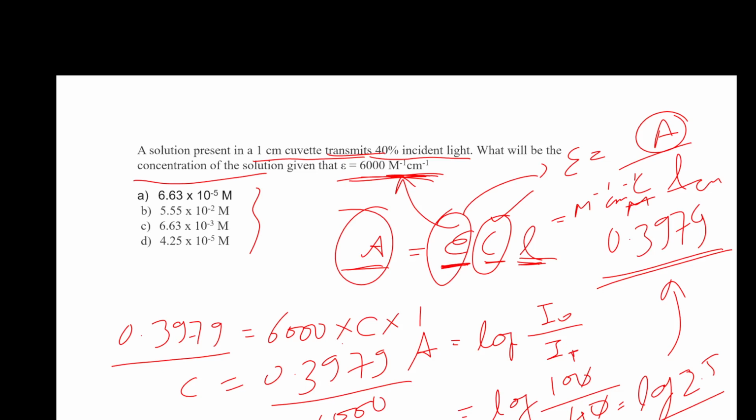Yeah, it is coming as, I'll write here, 0.6631. This is the value we are getting, and we can also write it as 0.63 into 10 to the power -1. We'll come back to this question again.